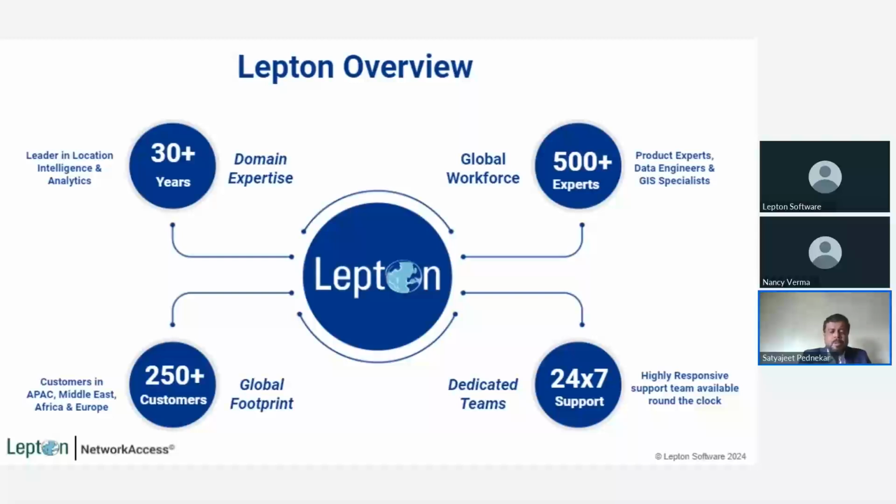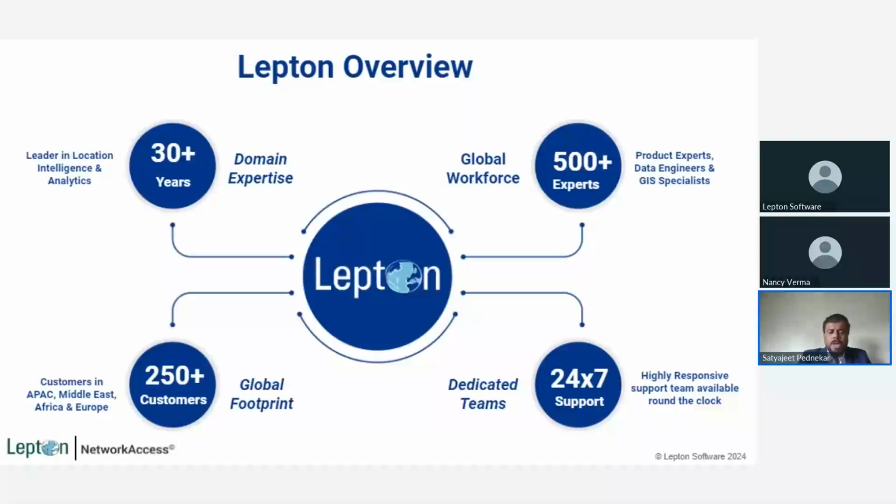We are a group of 500+ people. Our headquarters is in New Delhi, Gurgaon, the capital of India, and majorly our employee strength is product experts, data engineers, GIS specialists. Apart from India, we have sales offices in 5 different countries: US, UK, UAE, Australia, and Singapore.